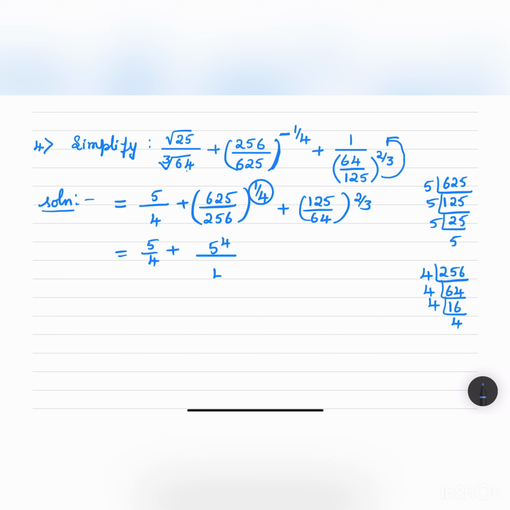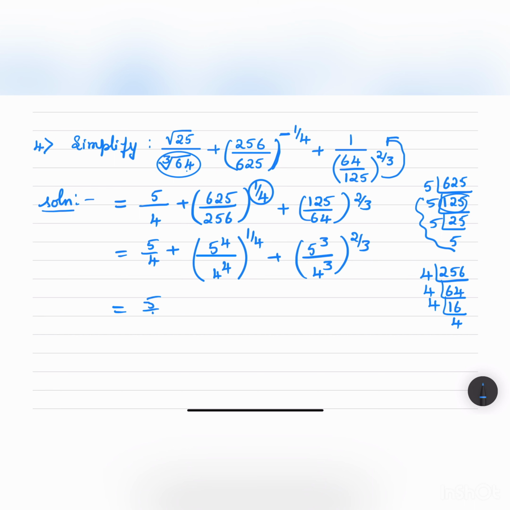So this is 4 to the power 4, whole to the power 1 by 4, plus 125 can be written as 5 cube, divided by the cube root of 64, which is 4. So 64 can be written as 4 cube, whole to the power 2 by 3.